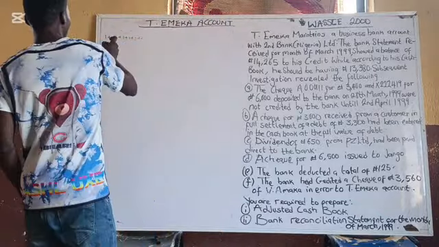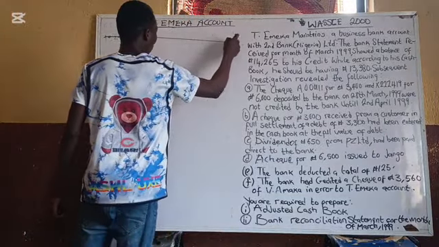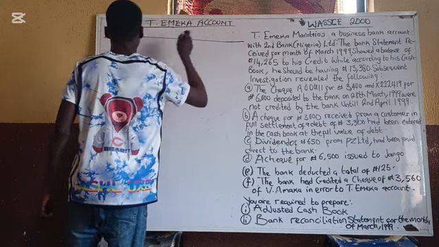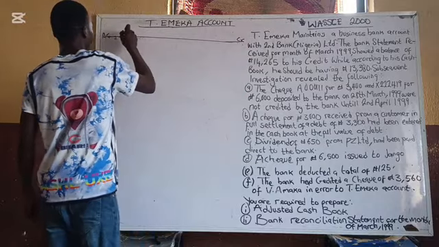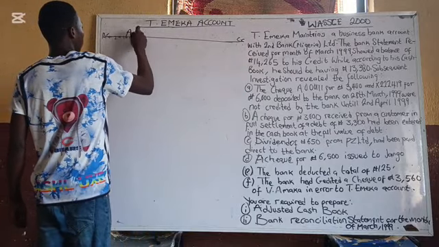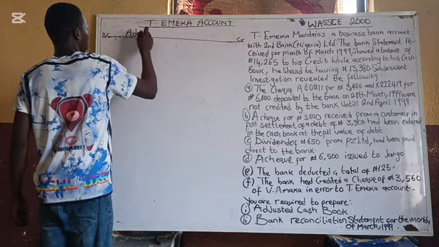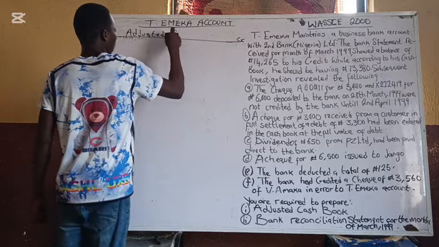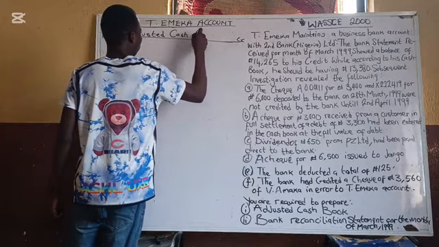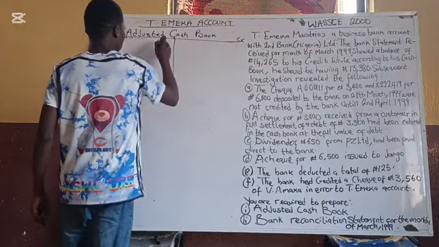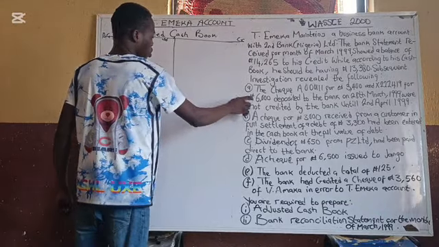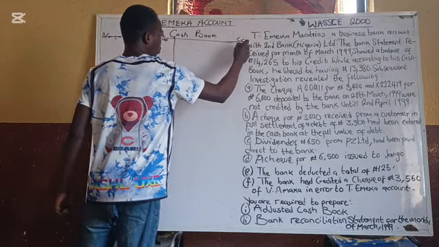Now, firstly, we are going to prepare our adjusted cash book. So you have your debit, you have your credit. So we have the adjusted cash book. Now, when you divide this, you can see that all those amounts are in error. Don't forget to put it there.